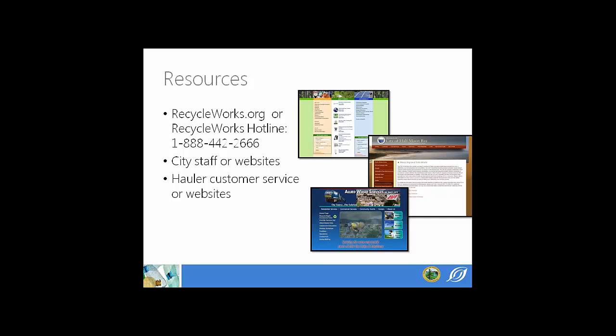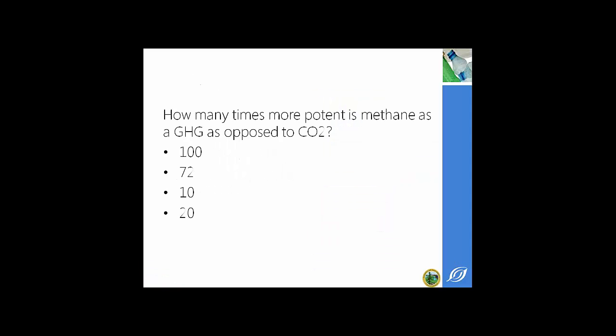You can also call the hotline, and as I mentioned earlier, many of the haulers have their own websites with additional information. So when you go through recycleworks.org and click on it, it'll lead you to their websites as well.